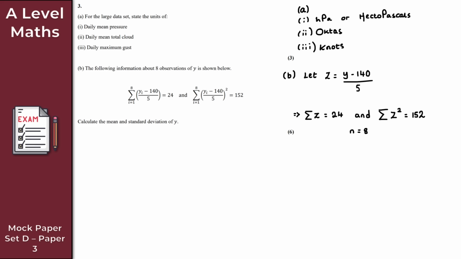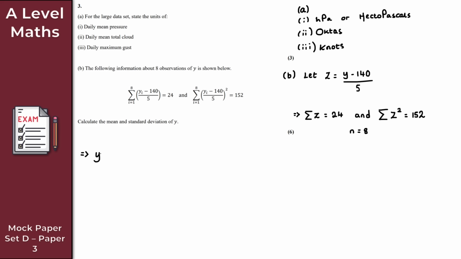Now, what I want then is the mean and standard deviation of Y. So what I can do here then is just rearrange this equation, making Y the subject. So if we do that then, and I'll do that over here, by the way. So what I'll get here then is times both sides by 5. So I get 5Z is equal to Y minus 140. So to finish with then, just add 140 to both sides here.